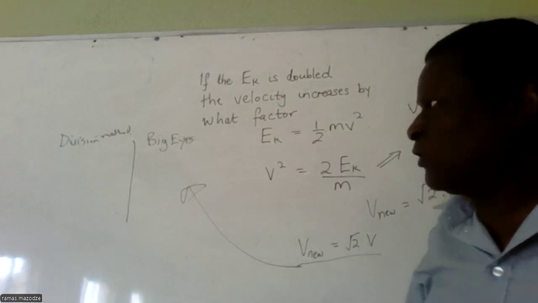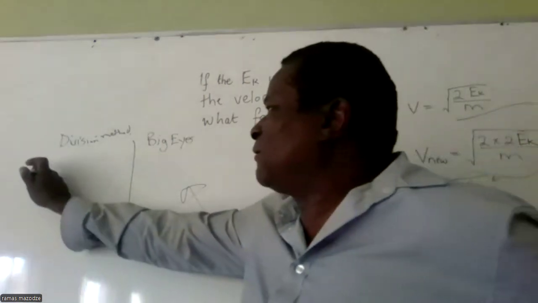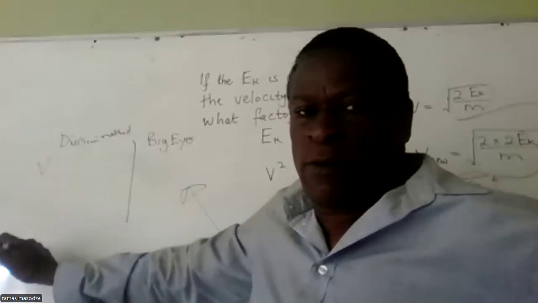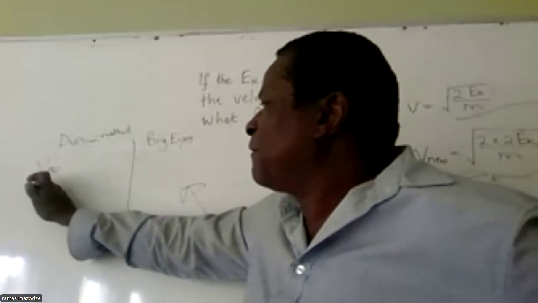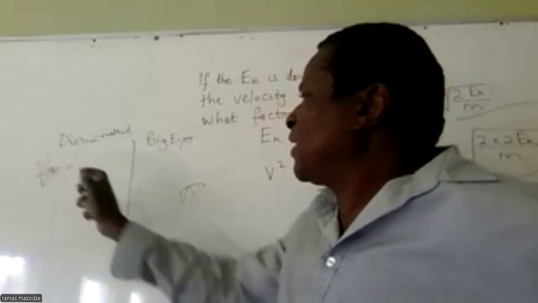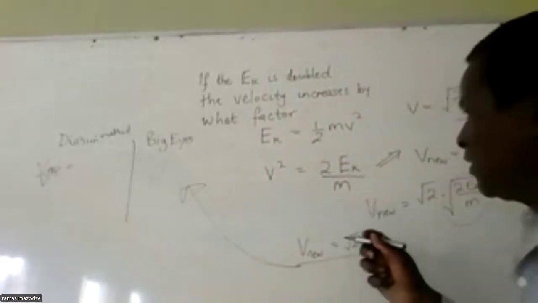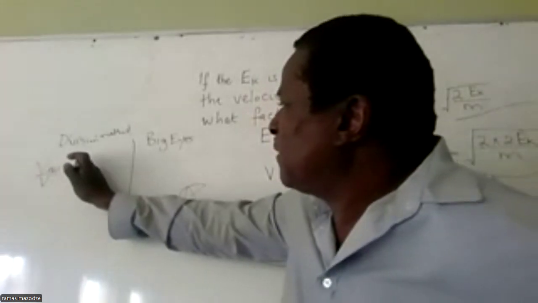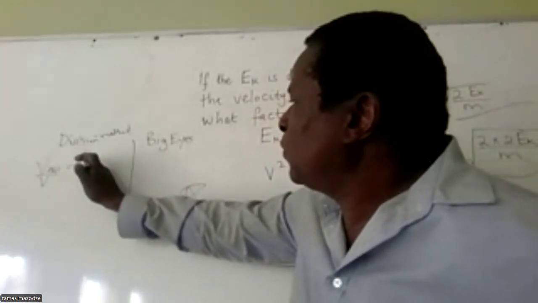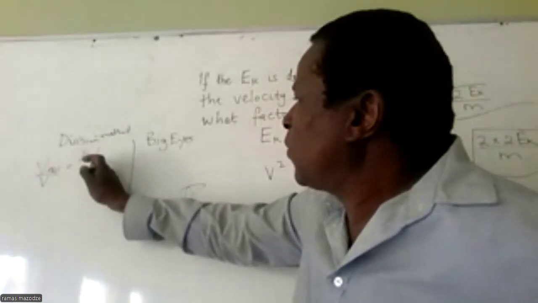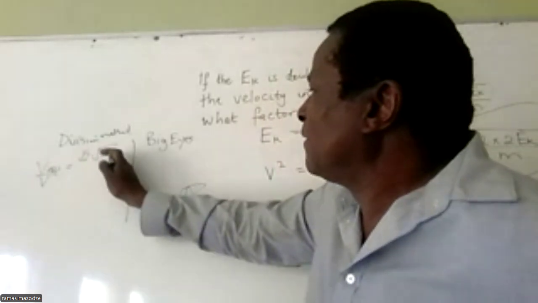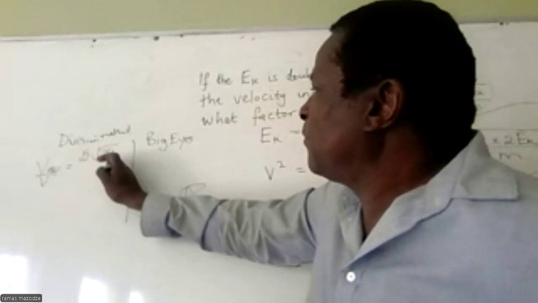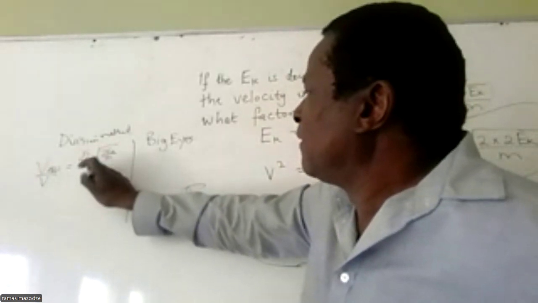If you are using the division method, you have to get V new divided by V. Then you take the expressions that you got: our V new was square root of 2 times 2 EK over M, all under the square root sign.